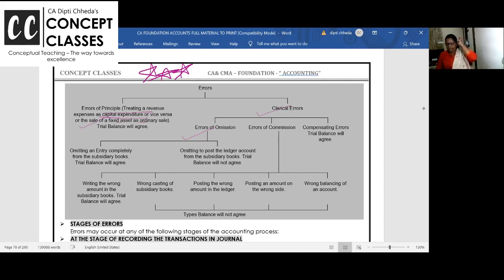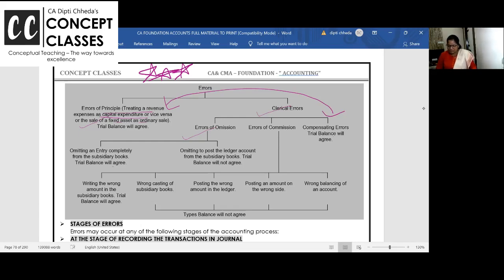Okay? Error of omission, complete omission means you have not passed the journal entry, or you have passed the journal entry but you have missed posting, or compensating error. Error of principle and compensating error are overlapping.